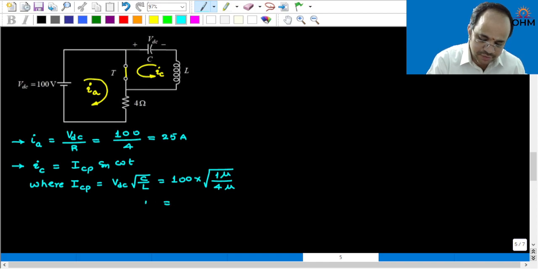Therefore, IC peak is equal to 50 ampere.